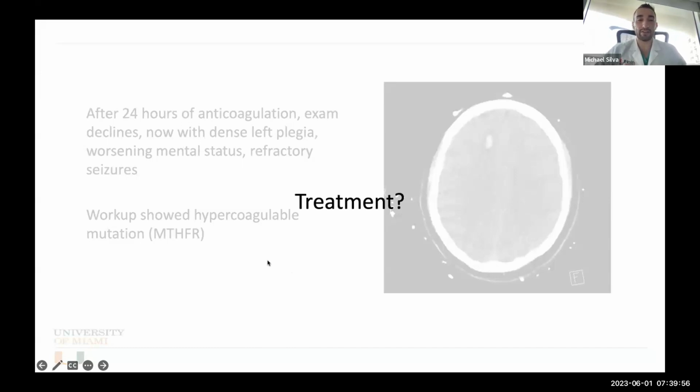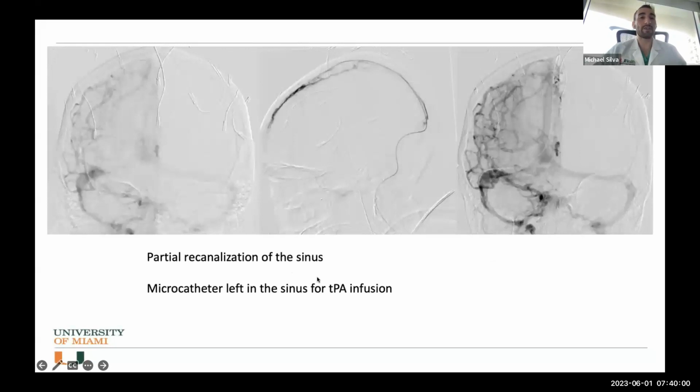These are the very rare selective patients who go for a thrombectomy. So we do thrombectomies all the time for arterial side strokes, but these are venous thromboses that rarely come to our doorstep and need a thrombectomy. The important thing here is you don't need a perfect result. Some sort of partial recanalization can be very, very effective at allowing for the clot to then dissipate.